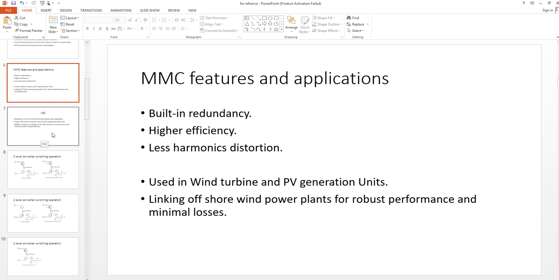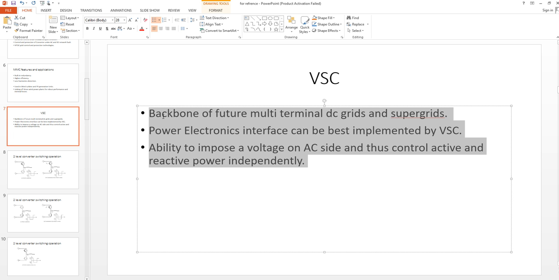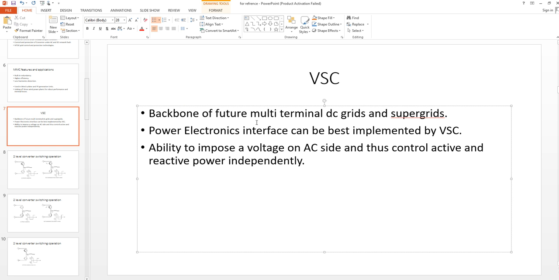We have two types of converter. One is called the voltage source converter and the other is called the current source converter. The voltage source converter is used nowadays because of its attractive features. It is the backbone of multi-terminal DC grids and super grids.